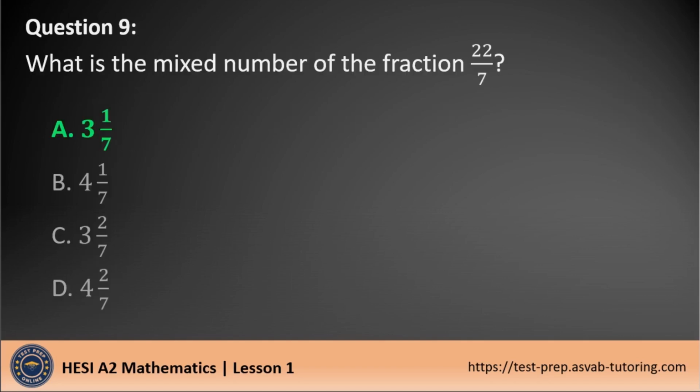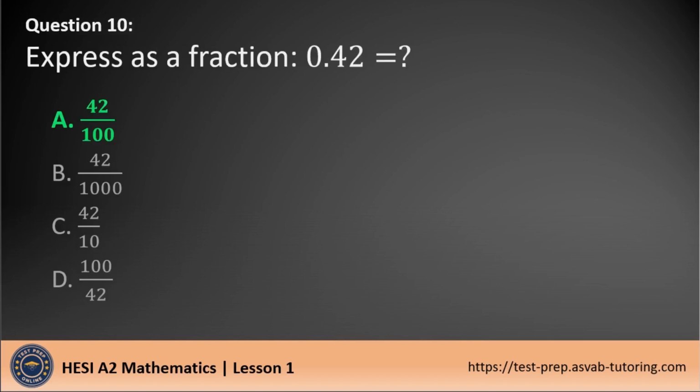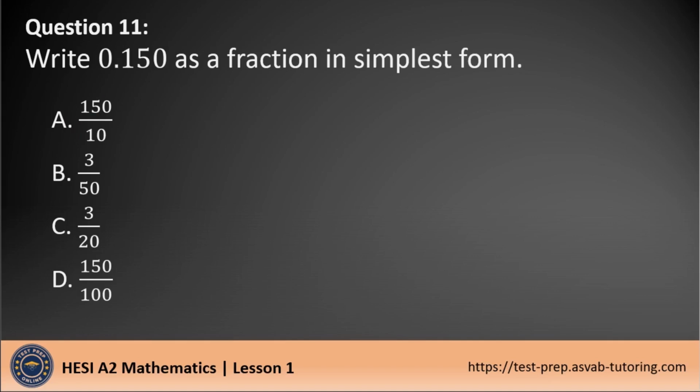And let's check the answer. So here the answer is A. So now let's go to question number 11. So here, write 0.150 as a fraction in the simplest form. So first write down the number here, 0.150.